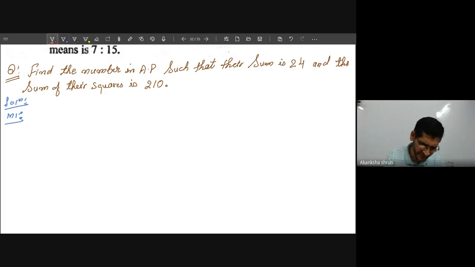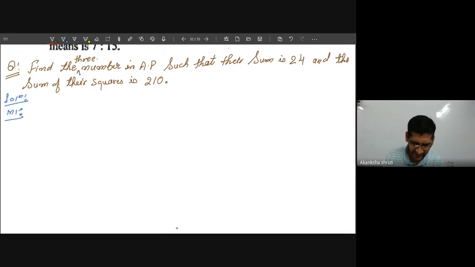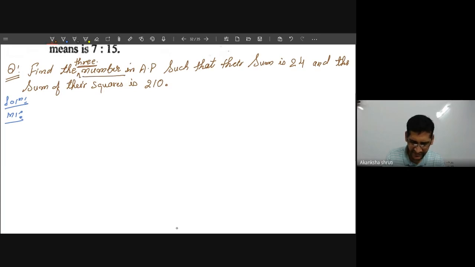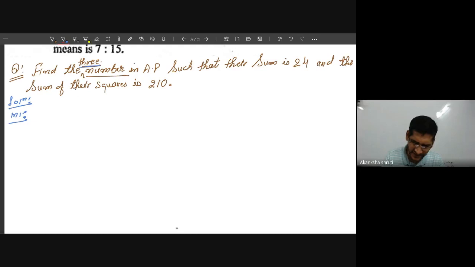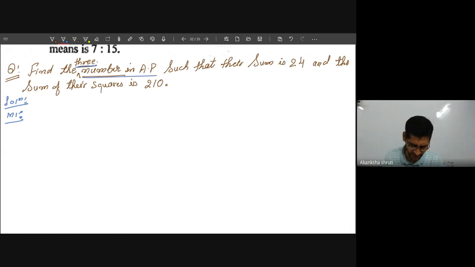Student, right here, find the 3 numbers. So here the 3 numbers are there. These 3 numbers in AP that we have to choose.